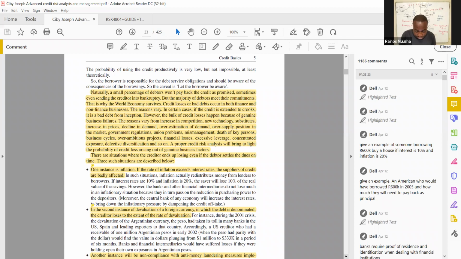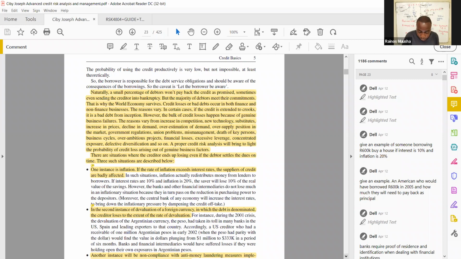The reasons vary. In certain cases, if the credit is extended to crooks, it is a bad debt from inception. However, the bulk of credit losses happen because of genuine business failures.